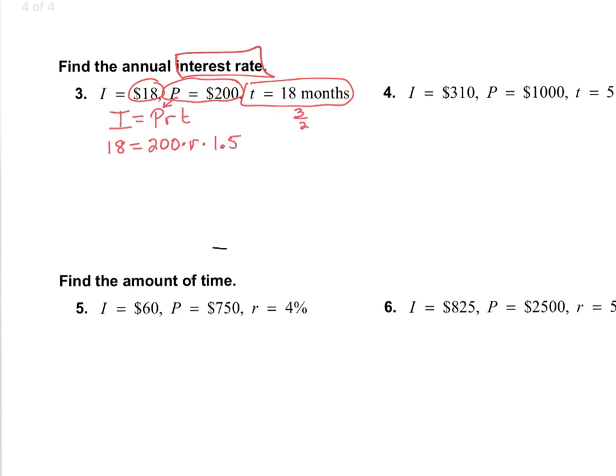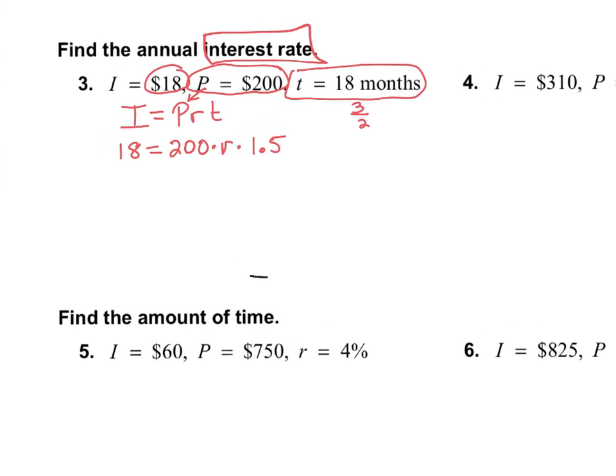So this is basic algebra. All we're going to do is solve for R. The first thing we need to do is multiply 200 times 1.5, and you get 300. So we have 300R. In order to get R by itself, we divide both sides by 300. Now notice this is going to be a really small number, because this is going to be a rate, and a rate is written as a decimal.